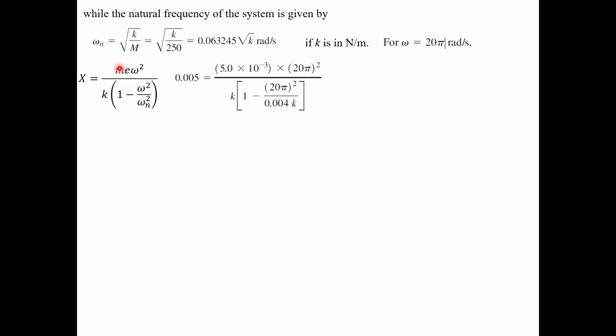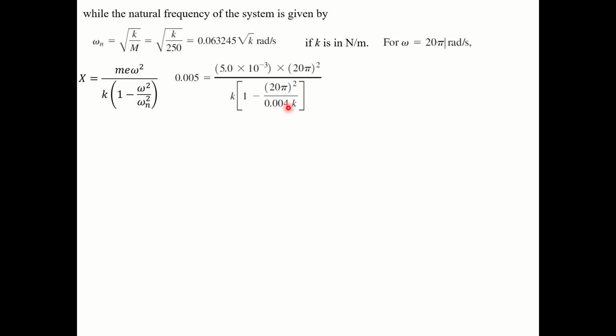You should not get confused: the mass and this mass are different. Don't put m equal to 50 here. This total term me combined, you will get 5 into 10 raised to minus 3. This is the given unbalance. Next, omega square is 20 pi, put 20 pi here. This value is 0.004 into k.